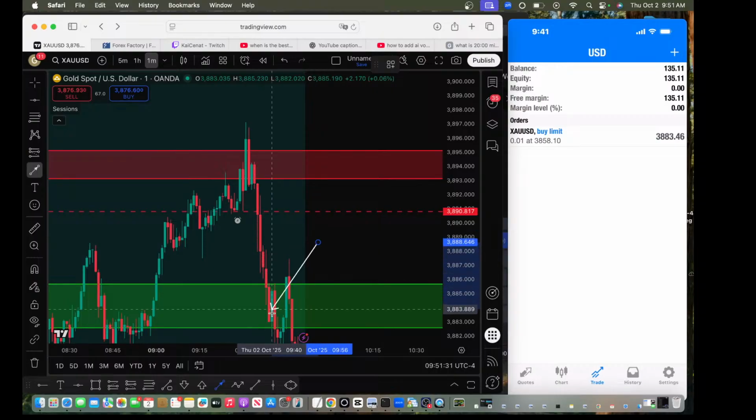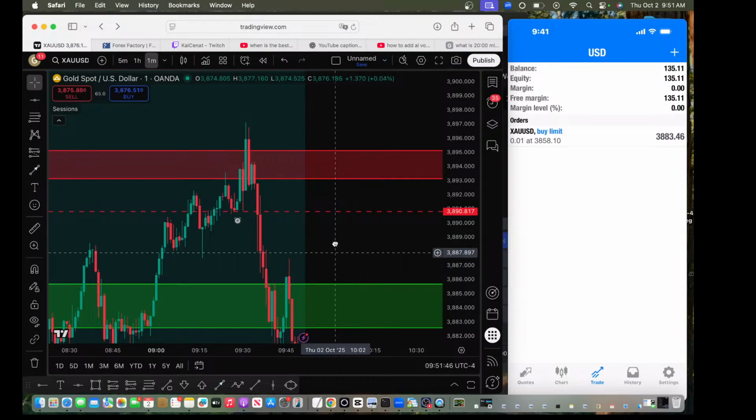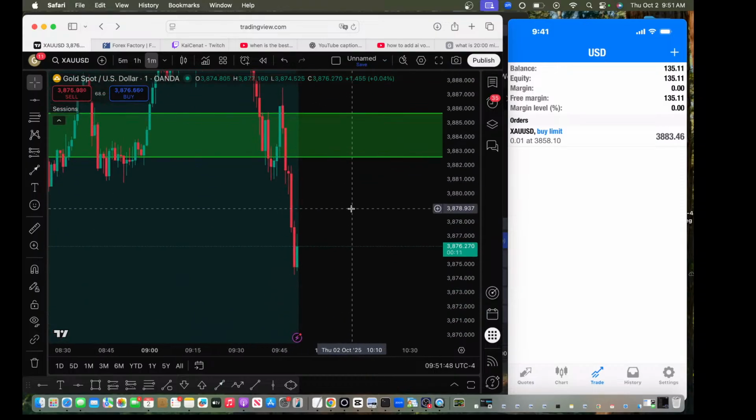Then price proceeds to go down, and you could have gotten in at the breakthrough or the retest of this zone. Now what you have to do is wait for an indication and correction or an indication and retest.